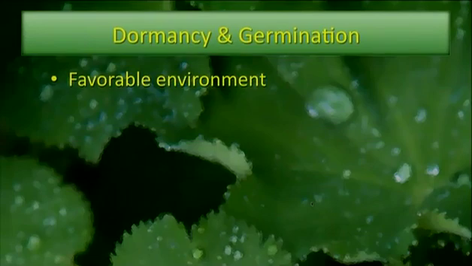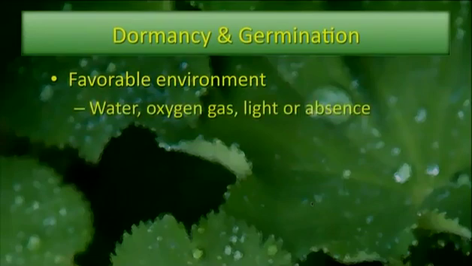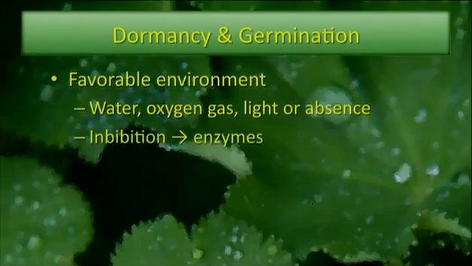Now, a favorable environment is necessary for the seed to germinate. That means it needs sufficient quantities and types of water, oxygen gas, and either the presence of light or its absence. So this actually happens: imbibition. Imbibition is the taking up of water. It brings about the actions of enzymes that function in the cytoplasm of the cell.